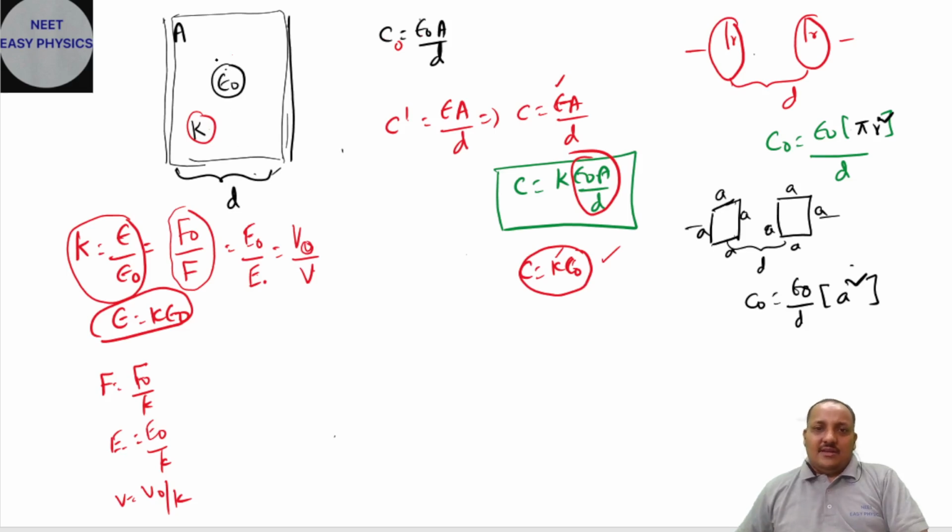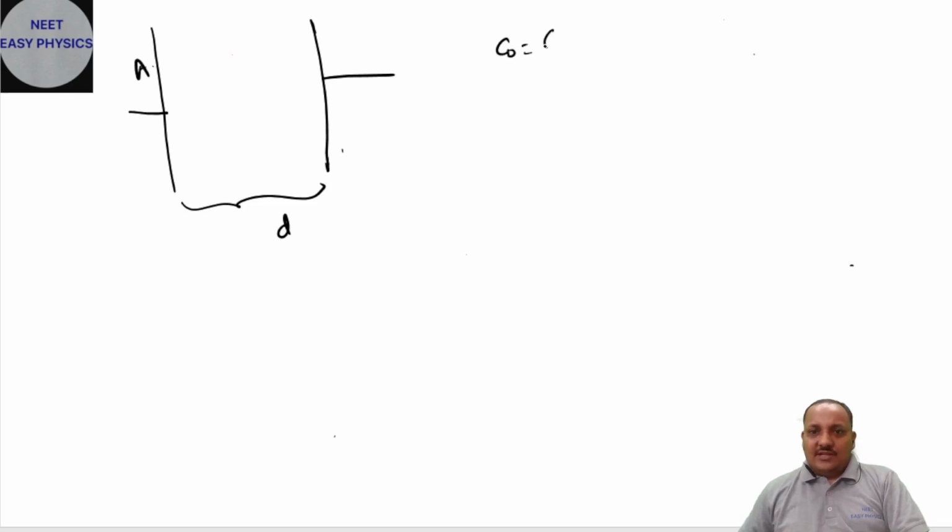Okay. Now if this dielectric is placed partially. So this is a capacitor. Separation is d, each plate area A. So what is the capacitance we said? Epsilon naught A by d.